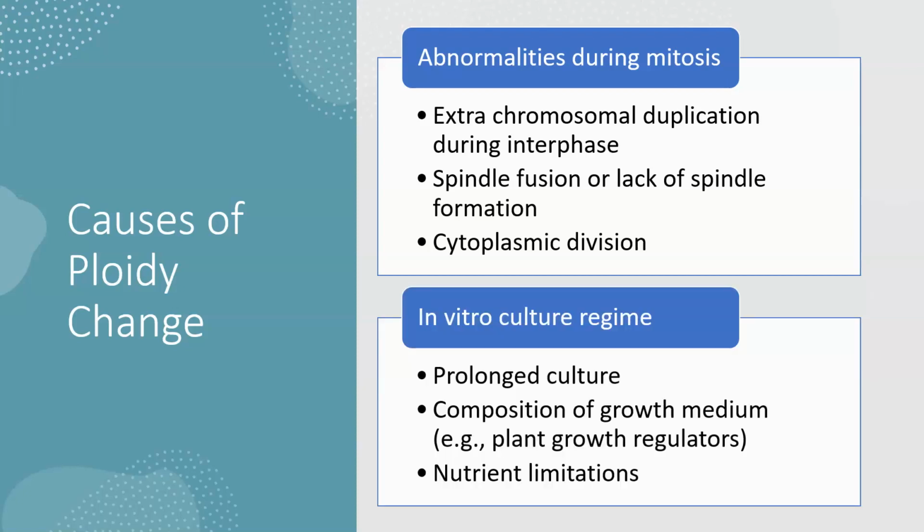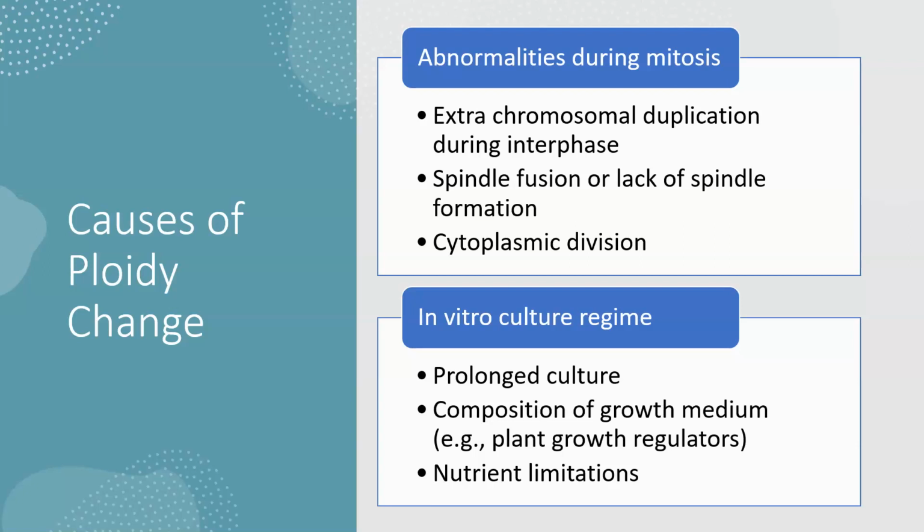Another cause of variability due to changes in ploidy is the in vitro culture regime itself. The longer the cells remain in culture, the greater is their chromosomal instability. In addition, the composition of the growth medium can trigger changes in ploidy.